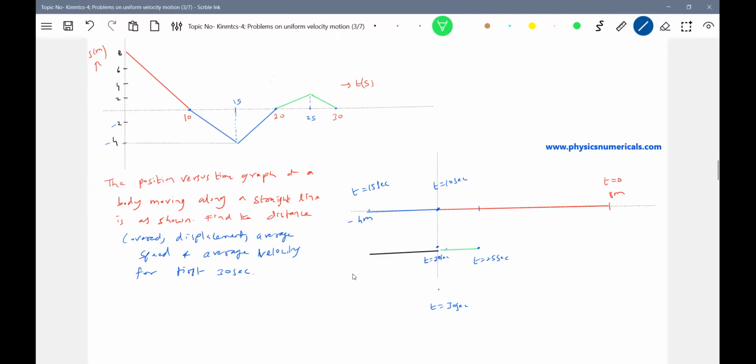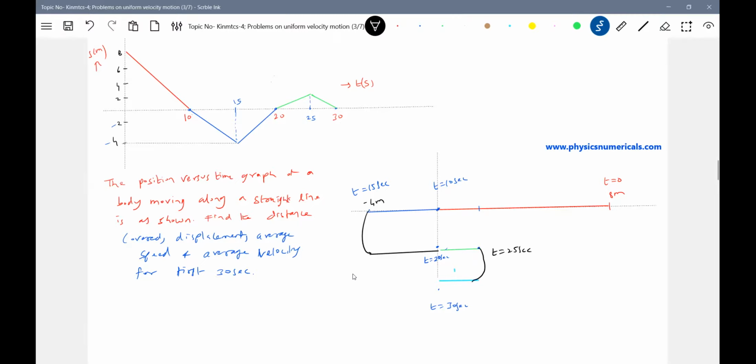Then again it will change direction of motion, and will be like this, minus 4 meters. And finally it will reach here, t equal to 30 seconds. So this distance is what? 2 meters.